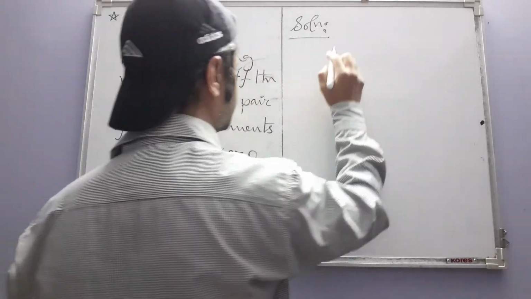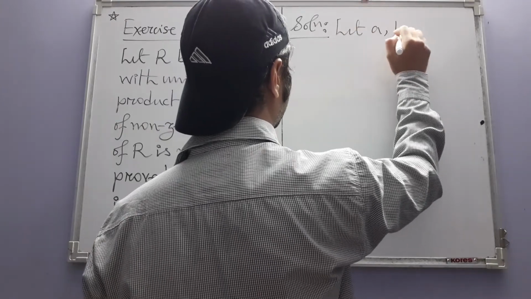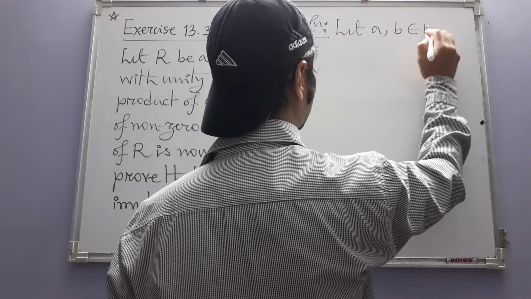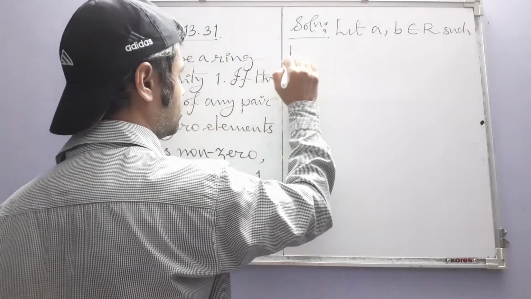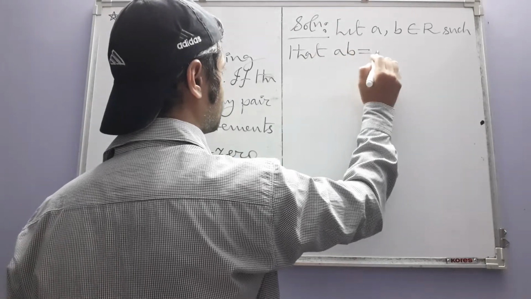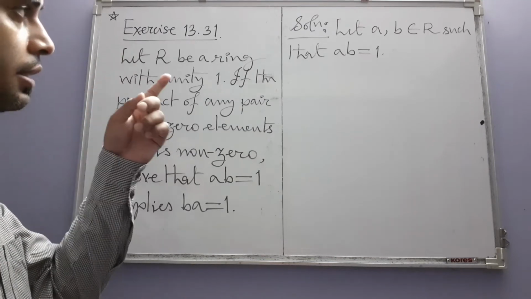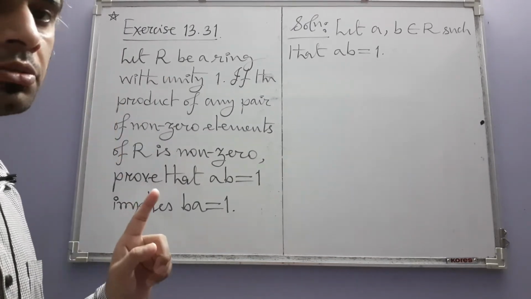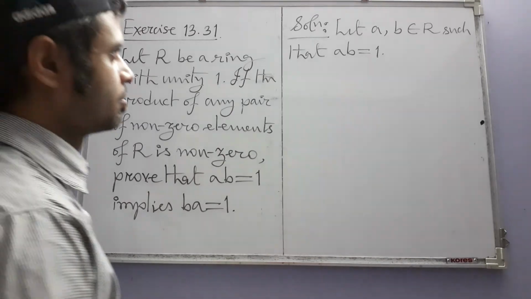However, we write systematically. Let A and B be elements in R such that AB is equal to 1. Because the unity by definition is not equal to 0, both A and B must be non-zero.